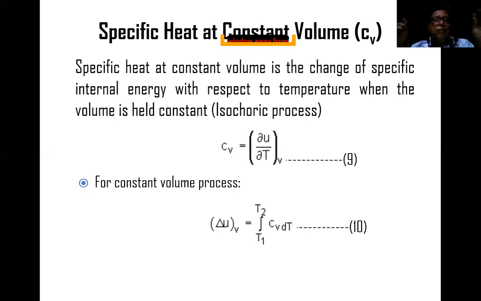The equation for a constant volume process: (delta U) at V is equal to the integration of T1 to T2 of Cv dT. This is equation number 10.